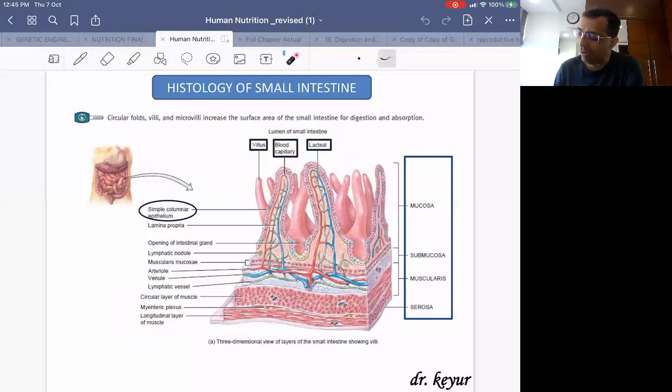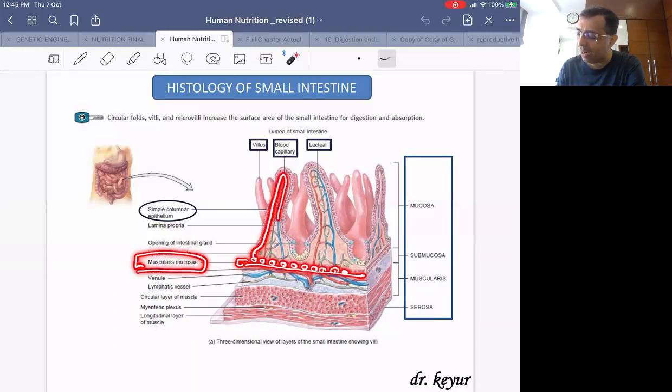Now you have the mucosa. The mucosa is made up of muscularis mucosa having longitudinal and circular muscle fibers. And then we have the lamina propria.